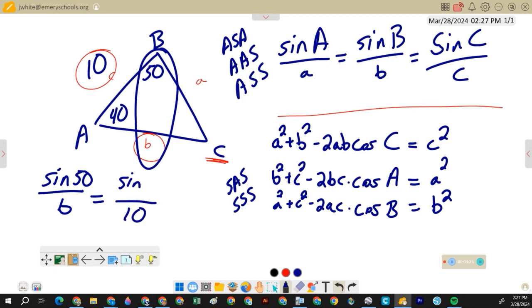Well, what is angle C? I'd have to figure that out. So 40 plus 50 is 90, which makes that 90, like that. Now we cross multiply.